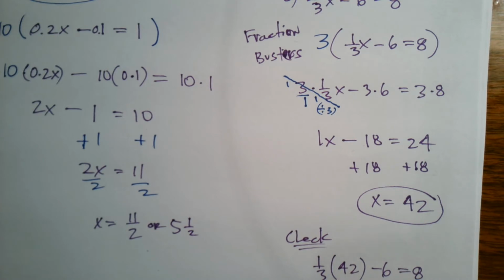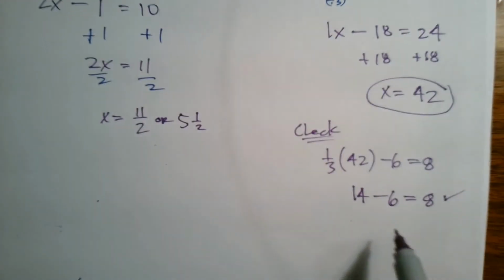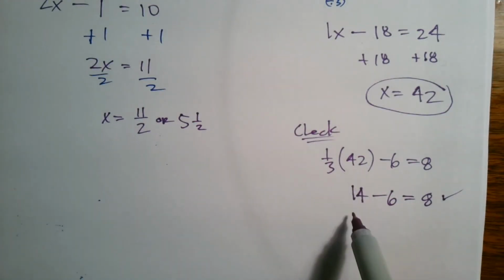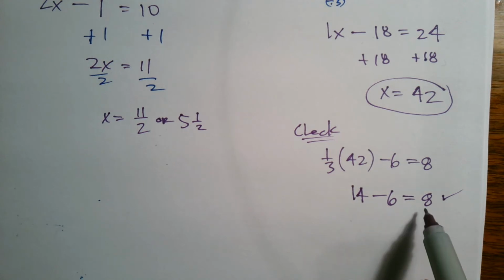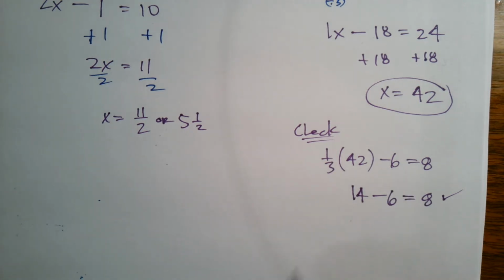So 1/3 of 42, so basically 42 divided by 3 is 14, and 14 minus 6, does it equal 8 is the question. Yes, it does equal 8. So it checks out. So that's how you check it. You just plug it back in and see if it works.